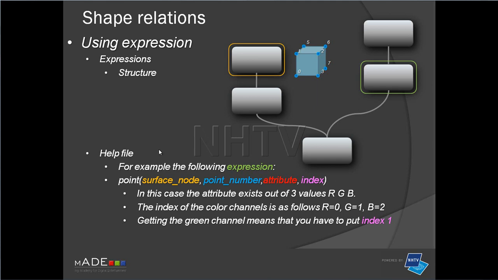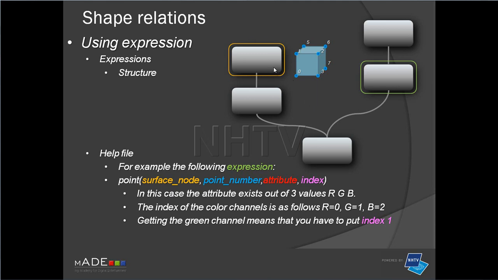So if you look at it as this big overview, the thing what you have with an expression is, an expression will retrieve information for you. And so what you will do with this expression is you're going to specify multiple things. You're first going to narrow down to where your information exactly is coming from. So in this case, we start off with the surface node.